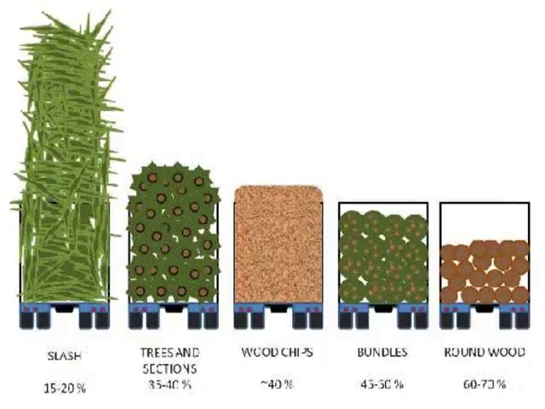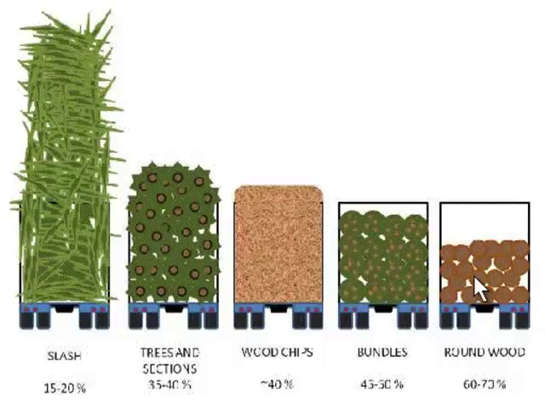So what this picture illustrates is the same total amount of mass with slash or brash, with trees and tree sections with branches still on them, chipped material, bundled or baled material, and actually round wood. This is the stems, the trunks, and nothing else.